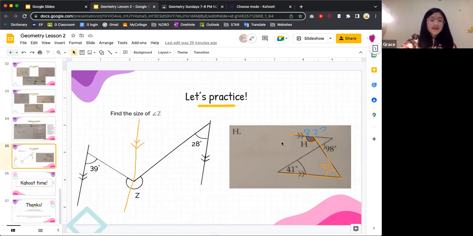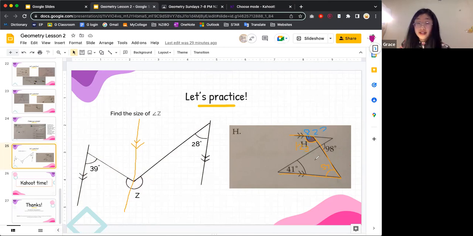We know that they add up to 180, right? Because they're cointerior. All right, so it's 123, and 57 and 123 add up to 180, right?